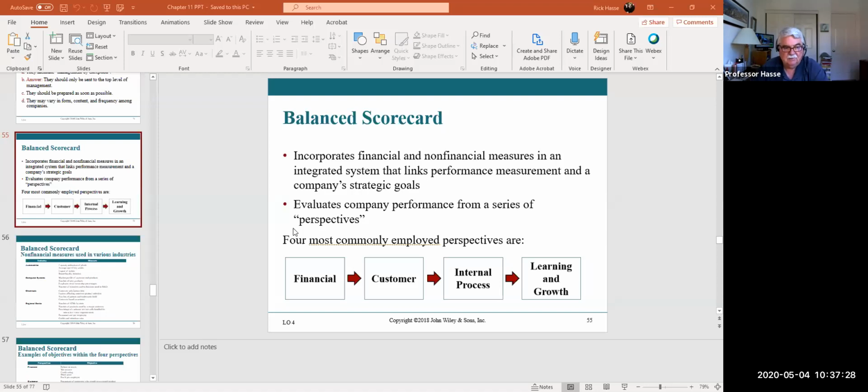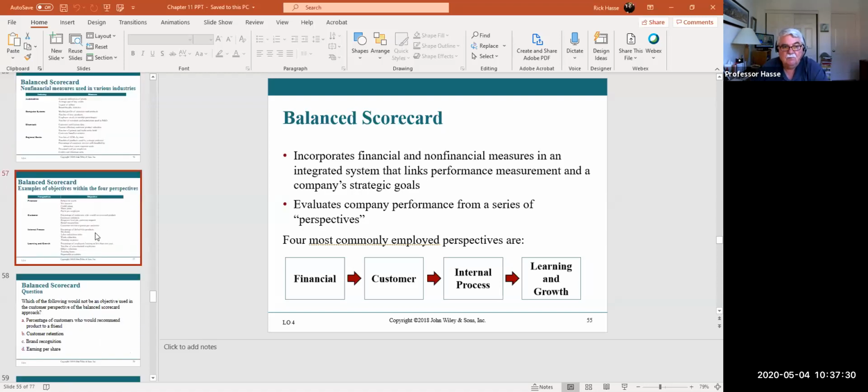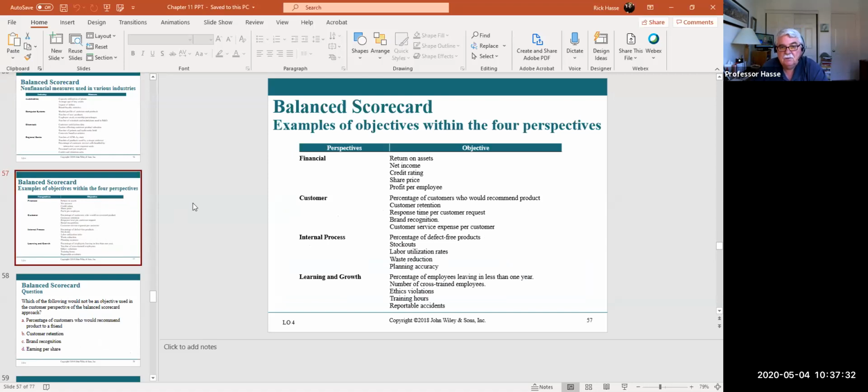And the book goes on and gives some very good examples of what is considered financial information: net income, credit rating, profits. Customer: are we retaining our customers? What are the evaluations of our customers about our product? Is there brand recognition? Internal process: are we having any waste? Is our planning accurate?